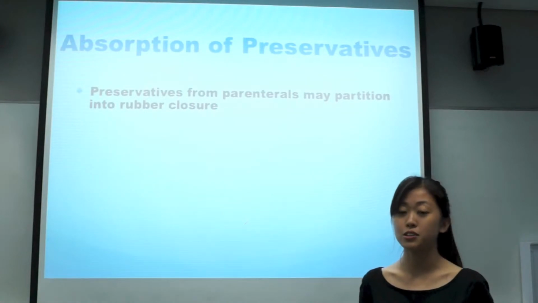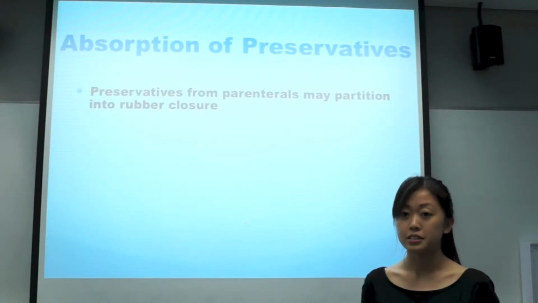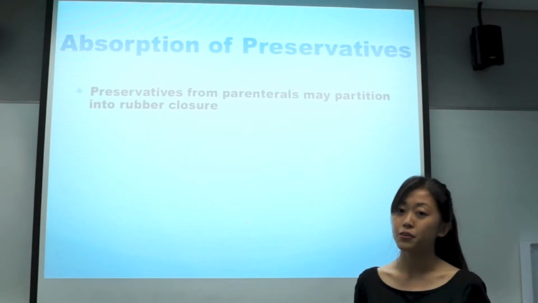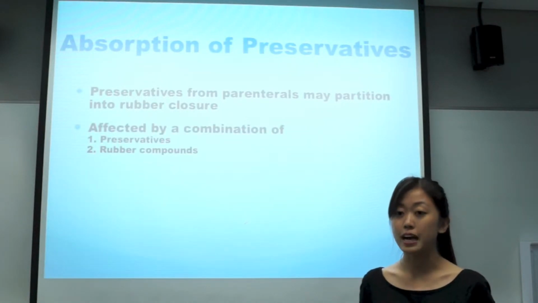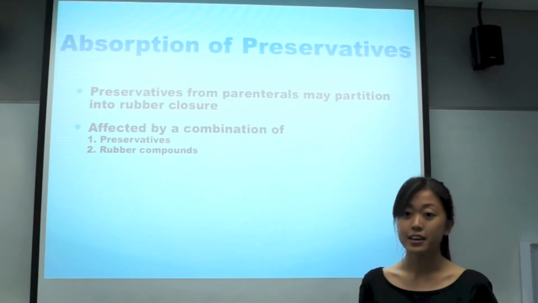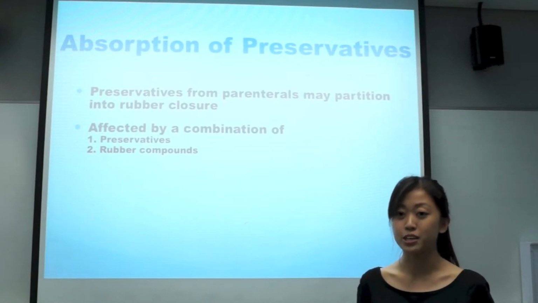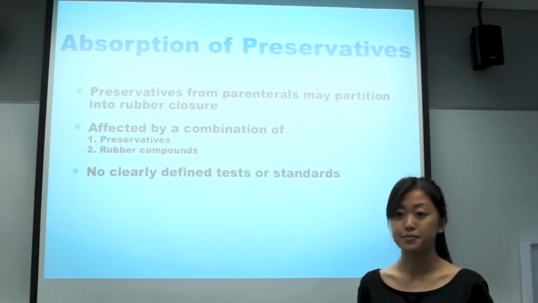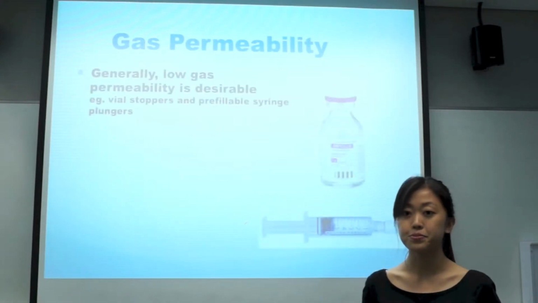Preservatives can partition into the rubber closures from the parenterals, thereby losing their efficacy in the formulation. The extent of absorption is affected by the type and concentration of the preservative and the type of rubber compounds used in the closure. However, existing literature does not define a set of tests or standards to assess this property.